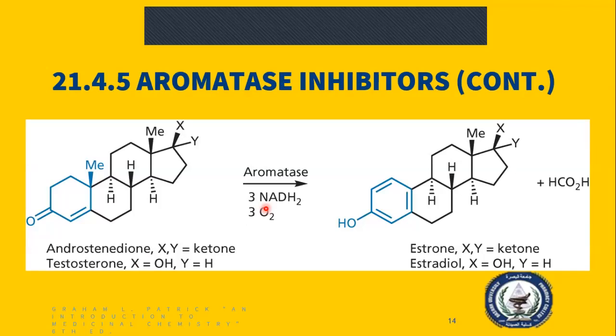This scheme shows you the action of the aromatase enzyme. Okay, so the aromatase will take an androgen molecule like testosterone or androstenedione, and it will use NADPH, three molecules of the cofactor, and three oxygen molecules to make the estrogen, either estrone from androstenedione or estradiol from testosterone.